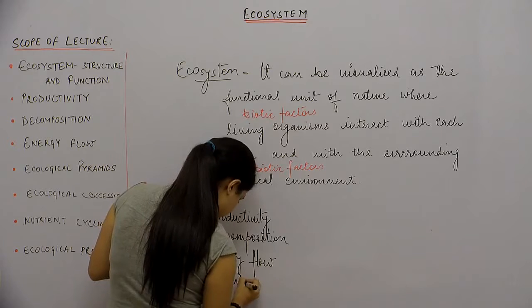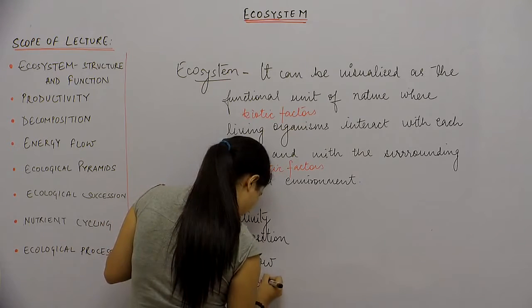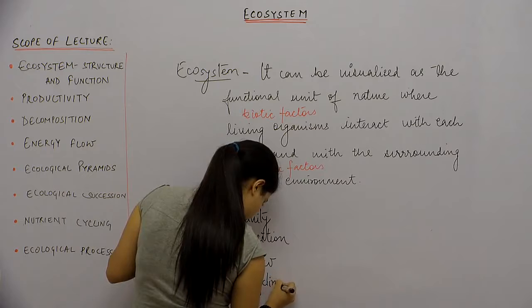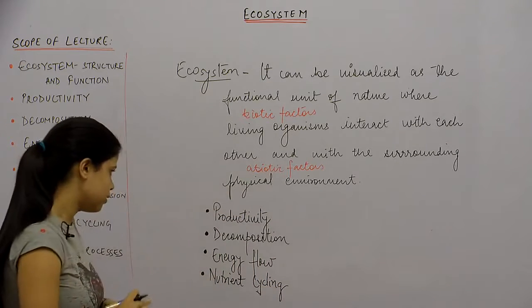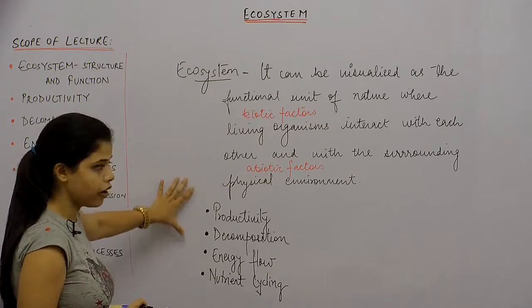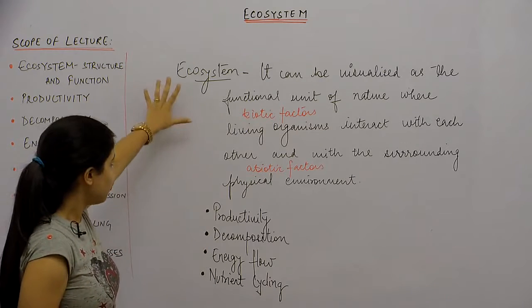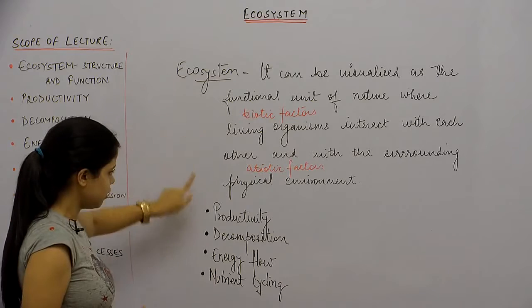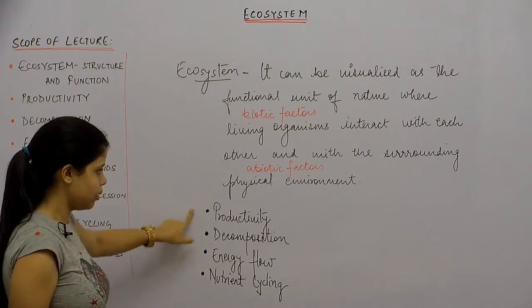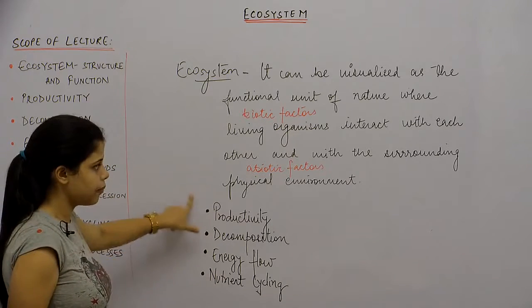If any of these aspects are not considered, then an ideal ecosystem will not be possible to function. So, for the ecosystem to function, these are the four aspects to be considered, right?